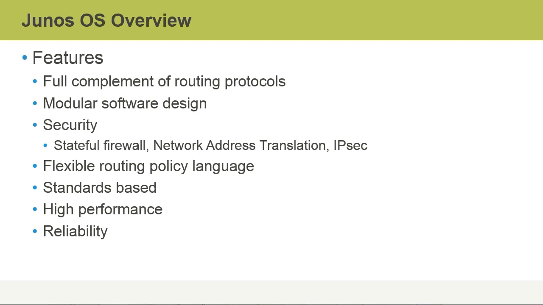And I'd like to specifically mention reliability, because that's part of the reason why Juniper chose the FreeBSD kernel in the first place, due to its impeccable reliability record. That and the fact that the Juniper engineers took that FreeBSD kernel and built it for their own network operating system and optimized it for their own hardware platforms. It's a very reliable platform indeed.